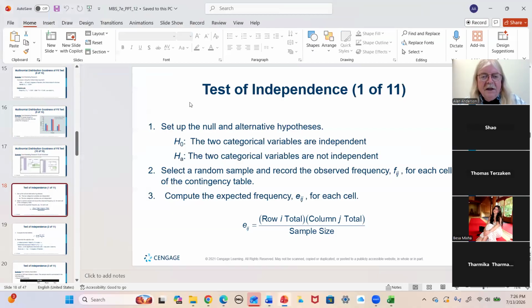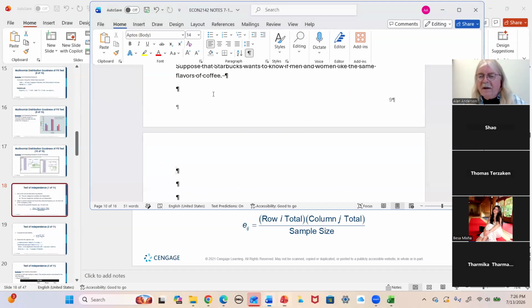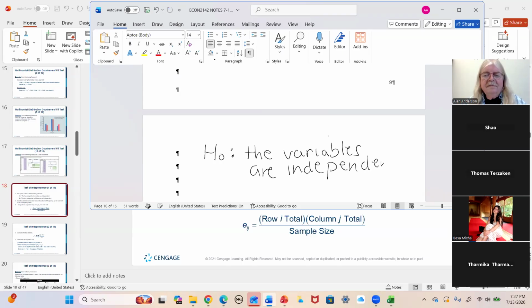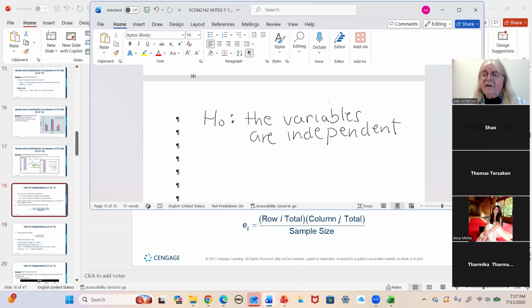So, how do we test such a thing? Well, we start out with the null and alternative hypotheses. The null will be that the variables are independent. In this case, it would be gender, male, men and women. And the alternative is that they're not.